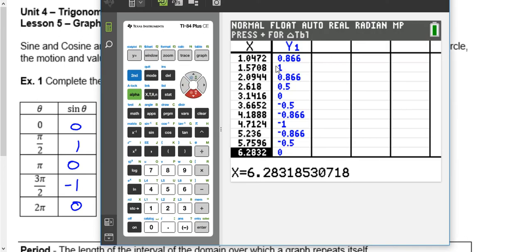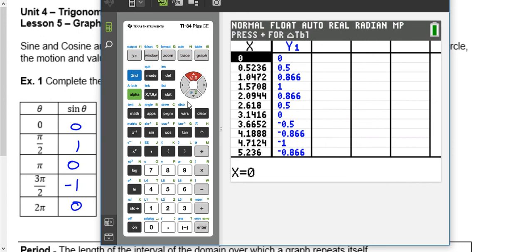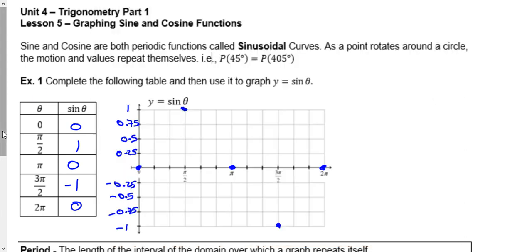So again, I'm going to my graphing calculator, and because I went up by 30 degrees, aka pi over 6, I have all these coordinates here. So around x equals 0.5, we're also at 0.5. So there we go. And because this is sinusoidal, it's going to pair up, it's going to match the same.